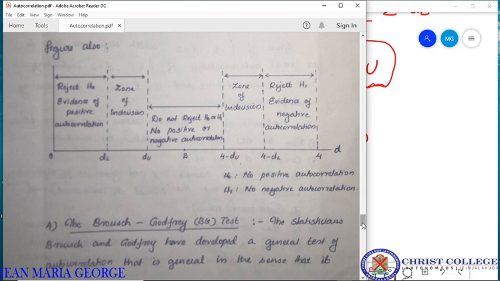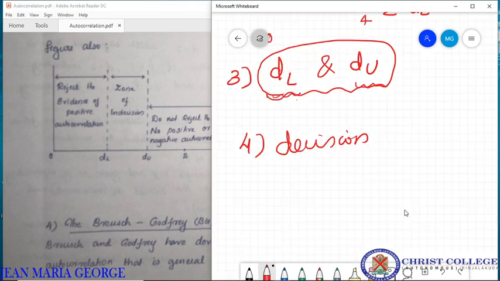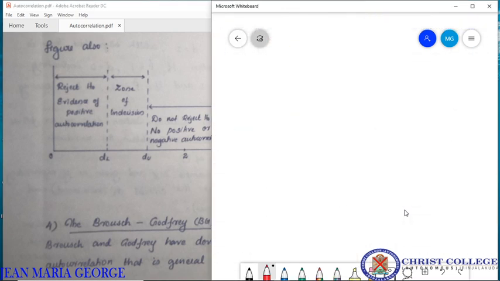Okay, so the figure explains how we can take a decision based on the D statistic. So this is the major test for detecting autocorrelation, the Durbin-Watson D statistic, and it is a very simple process.